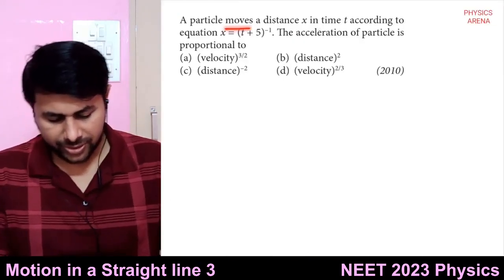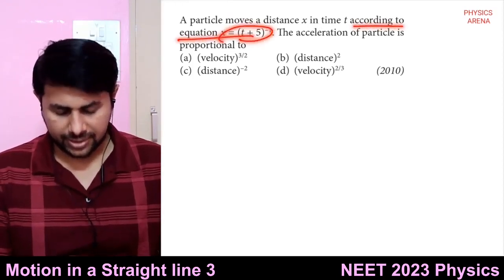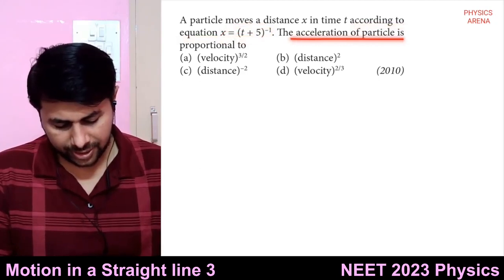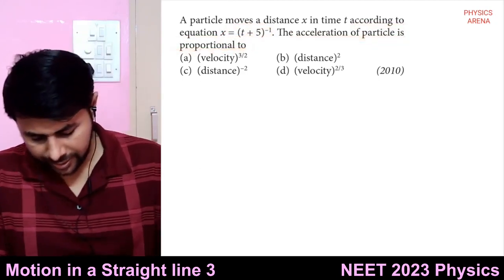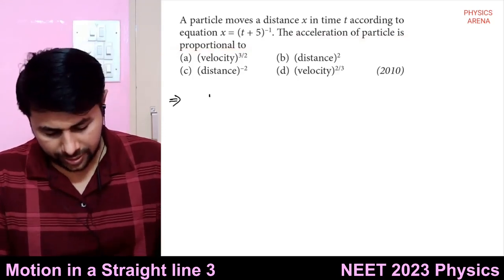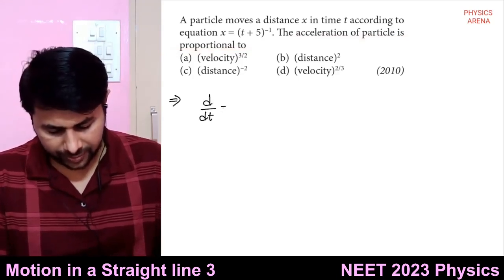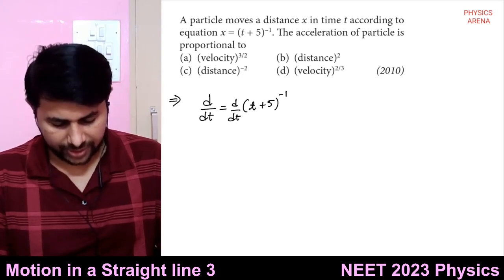A particle moves a distance x in time t according to the equation. This is the equation. The acceleration of the particle is proportional to what? Okay, so let's find out. So first of all, let's find out velocity. So dx by dt is equal to, this is t plus 5 raised to minus 1, so d by dt of that.